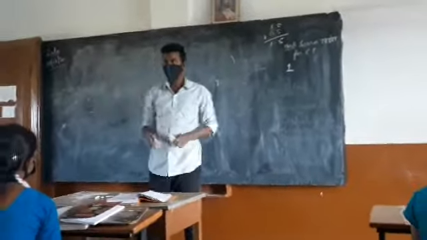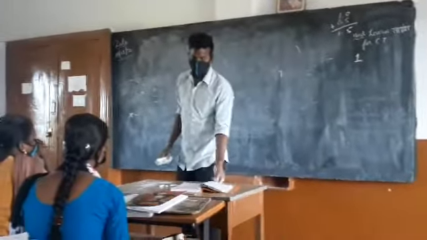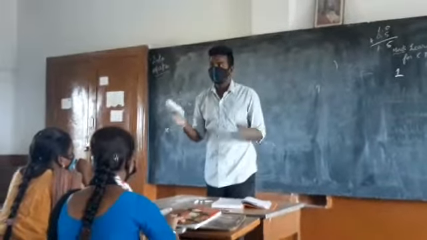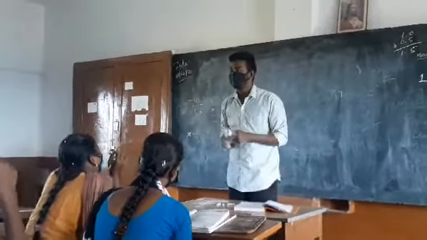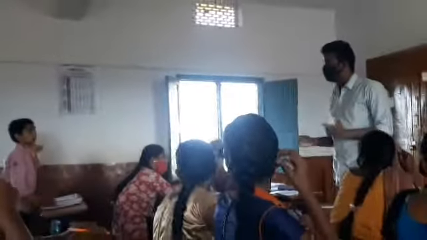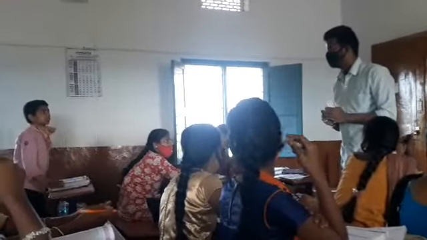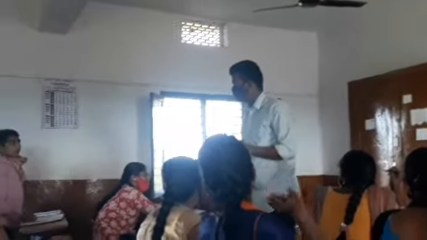Understood? So, we have also learned about finding out rational numbers in between given two rational numbers. Can you tell me how many rational numbers lie between two rational numbers?